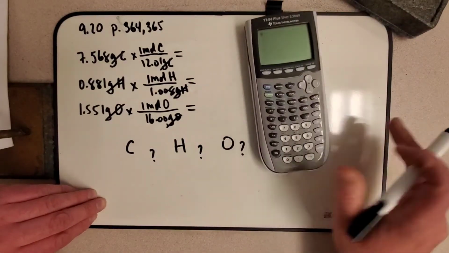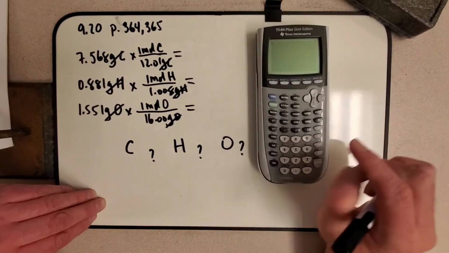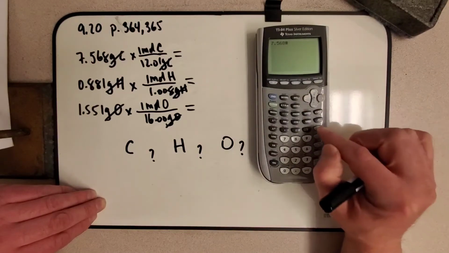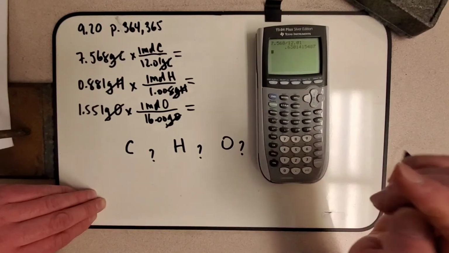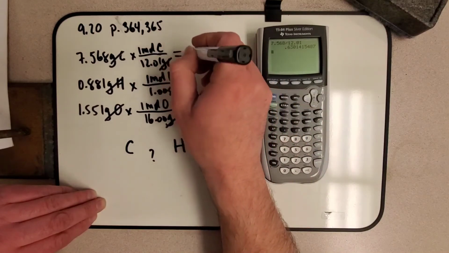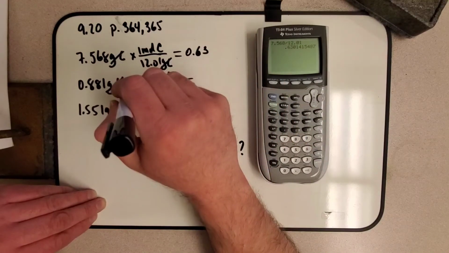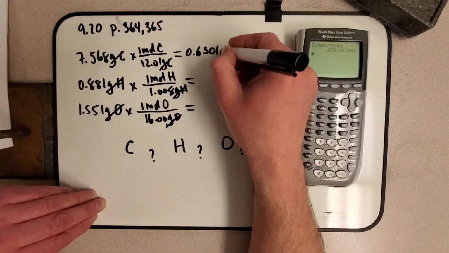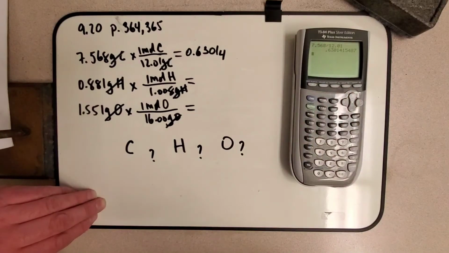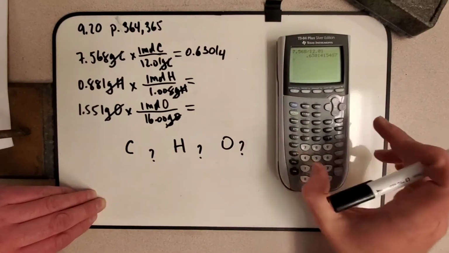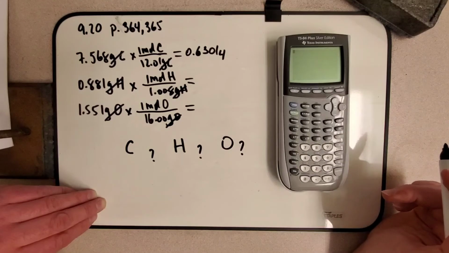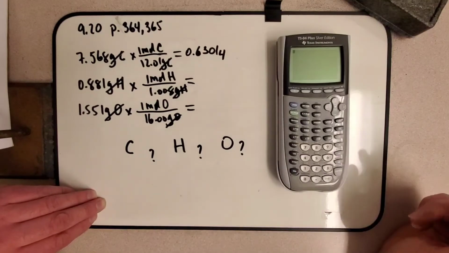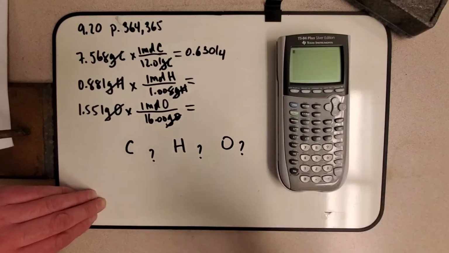All right, let's do the calculations now. So I got 7.568 divided by 12.01, which gives my first answer, 0.6301. And again, I'm using a lowercase subscript for the figure that is not significant, so that I don't have any discrepancies when the answer is an intermediate result, and in the final calculation.